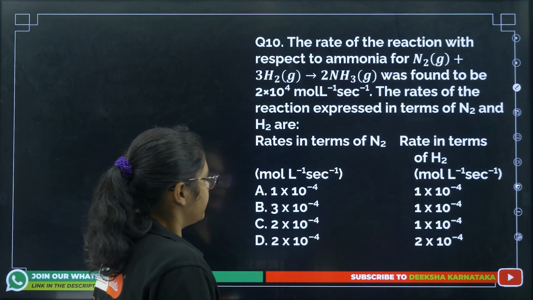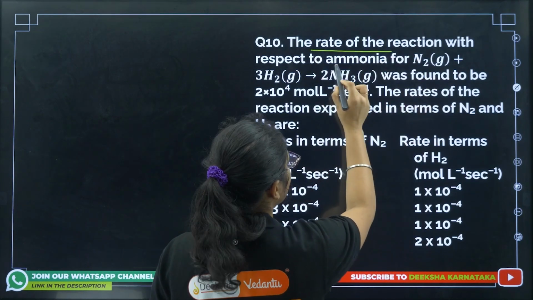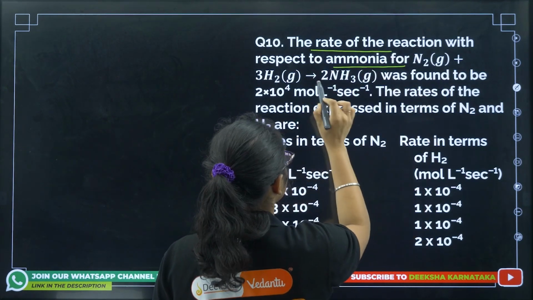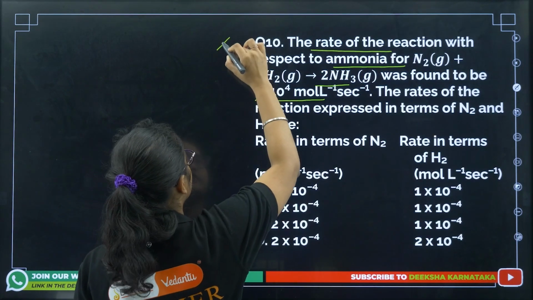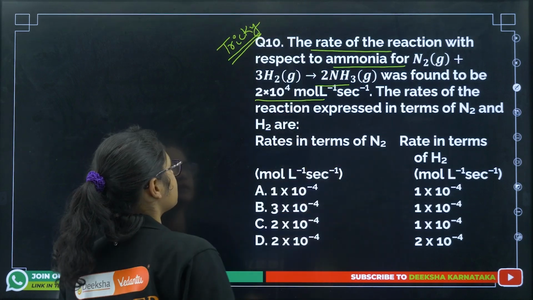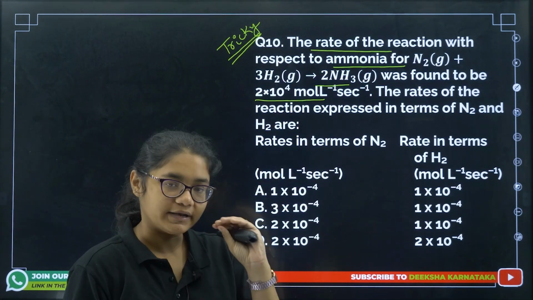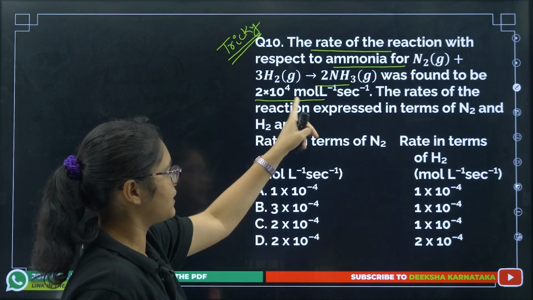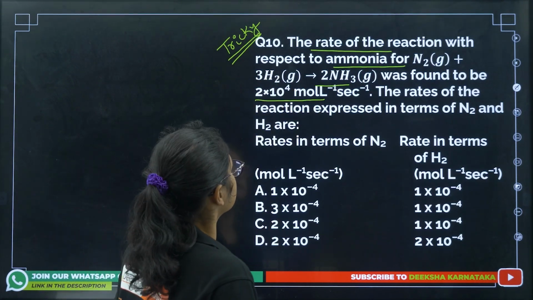Next, the rate of a reaction with respect to ammonia for N2 plus 3H2 gives 2NH3 was found to be this much. This question is very tricky if you have not understood the concepts properly. The rate with respect to ammonia is 2 into 10 to the power of minus 4. Sorry, 10 to the minus 4.